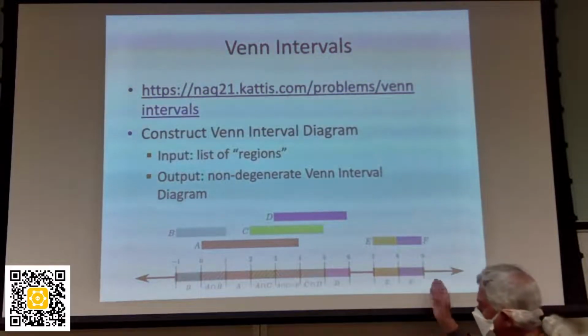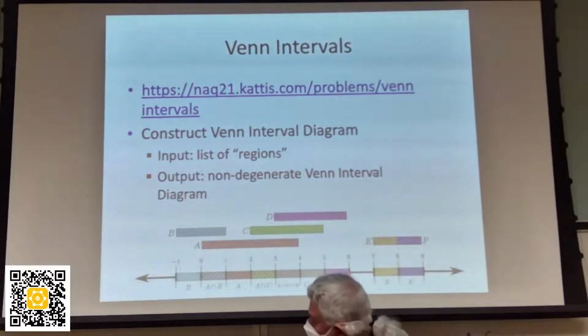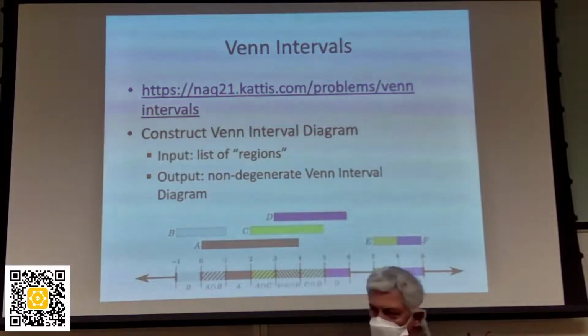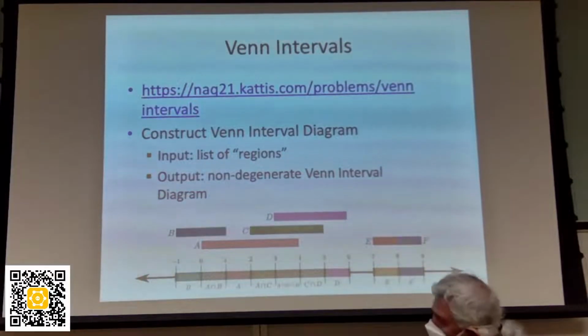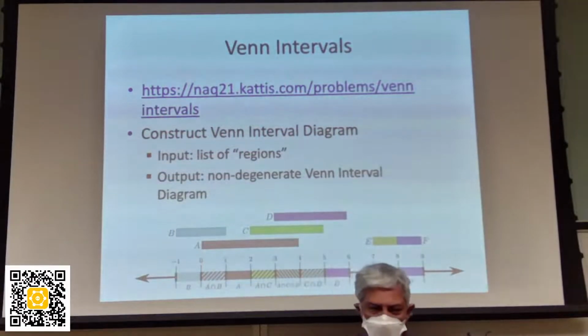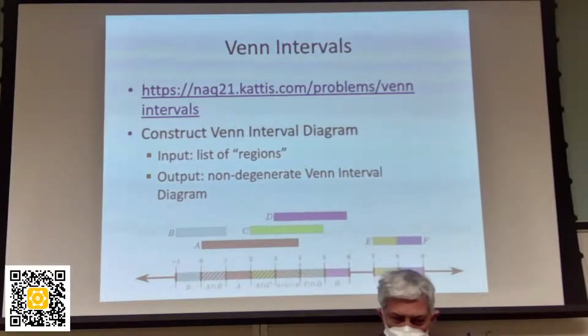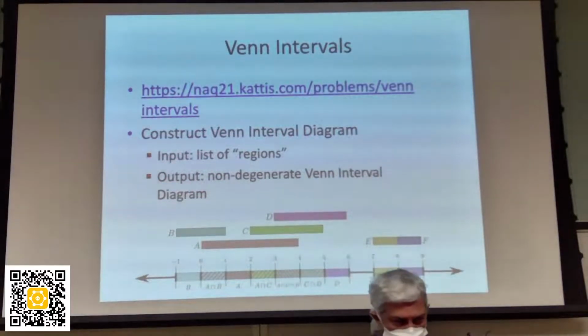And when you put them on a line and look at all the intersections, it all breaks down into smaller things called regions. And each region can be described by what set contains that particular region.